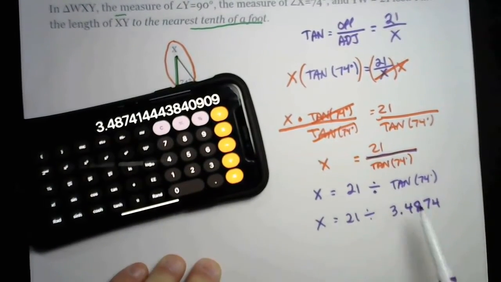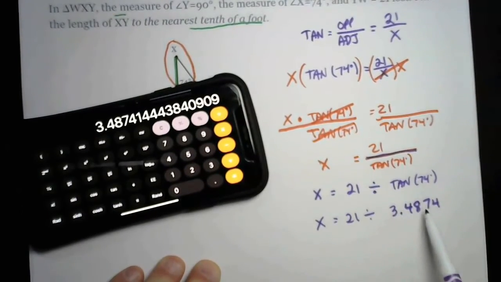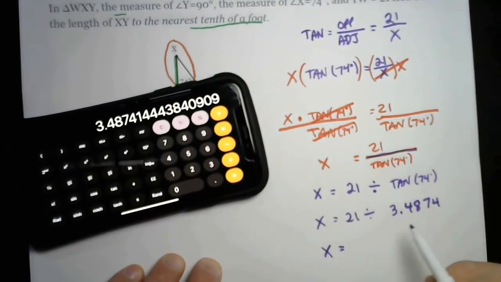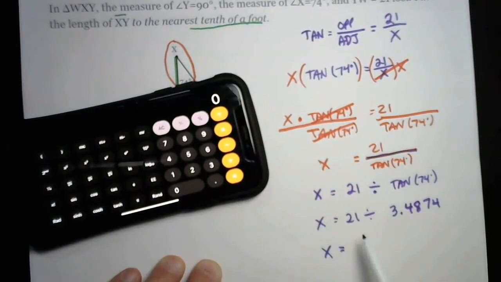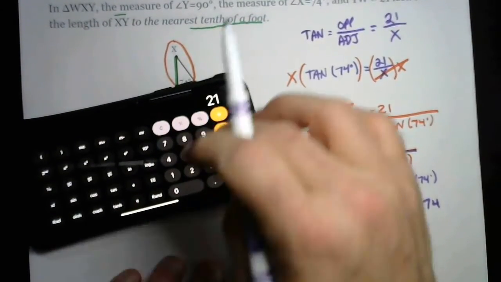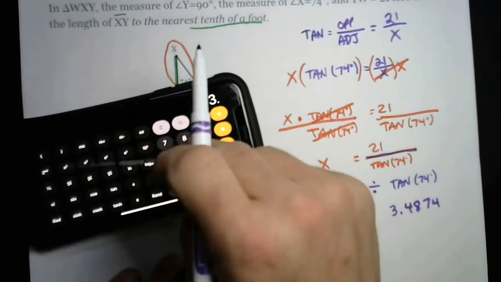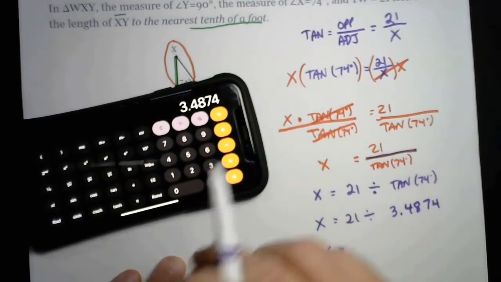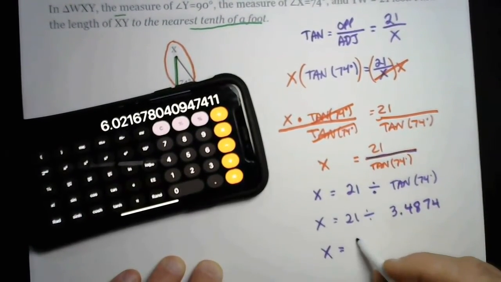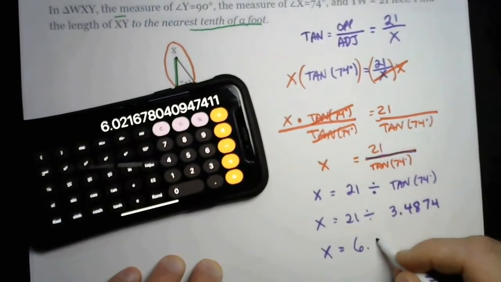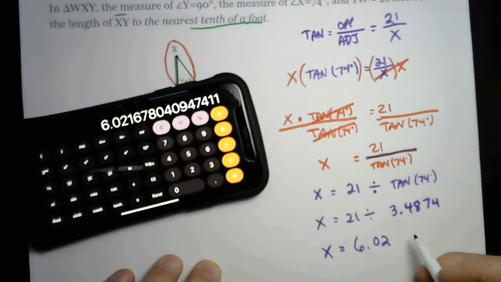Since the tangent of 74 is 3.4874, it's just a matter of putting in my calculator to see what 21 divided by that is. So 21 divided by 3.4874 equals 6.02. That's my answer.